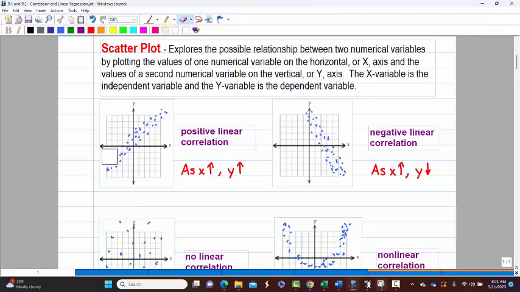It doesn't matter that some of the values of x and y are negative. That's irrelevant. It basically means the slope is positive, because as x goes up, y goes up. And a negative linear correlation is where the dots cluster into a line heading downward with a negative slope, meaning that as x goes up, y goes down.